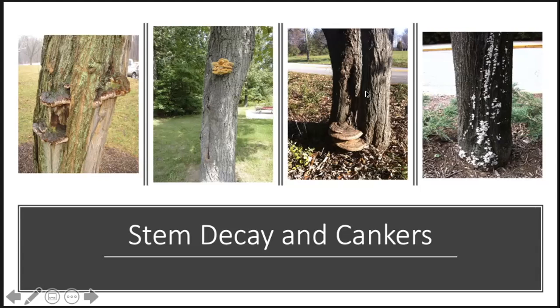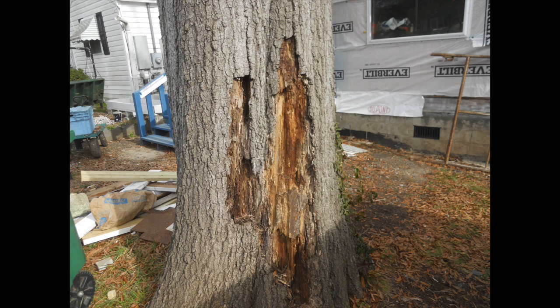These are all different types, have different modes of action. But these create a weakened condition in the tree and are indicative of internal decay, which requires a greater level of inspection there to make sure that the tree is not experiencing any type of elevated risk.